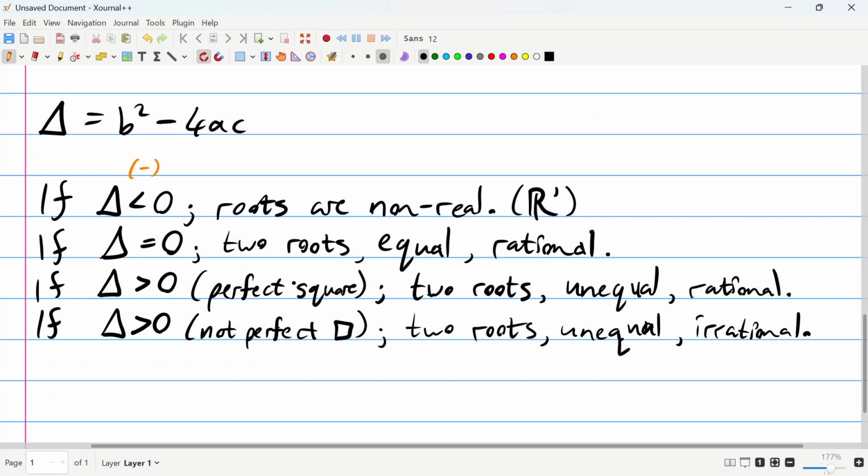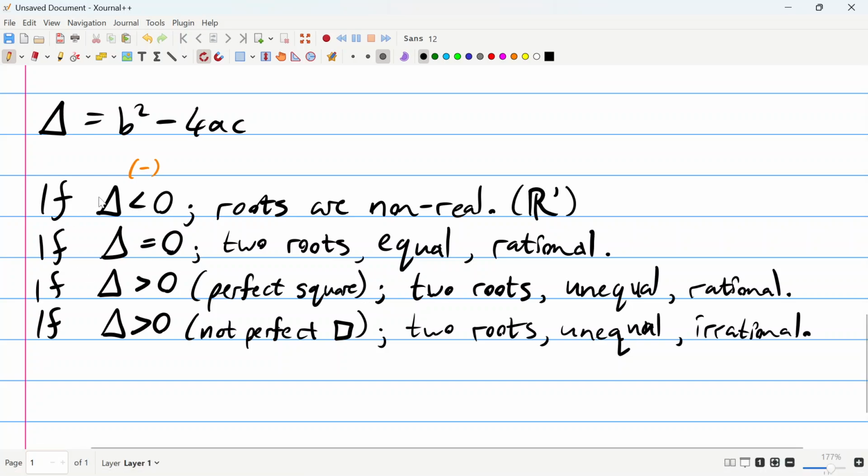You need to notice that if the discriminant is less than 0, it's negative, meaning it's imaginary, it's not real, it doesn't exist, okay? If it's equal to 0, you get two roots, but they will be equal to each other, and it'll be rational, okay? Because the square root is gone. And then if the discriminant is positive for the perfect square, two roots, unequal, rational.